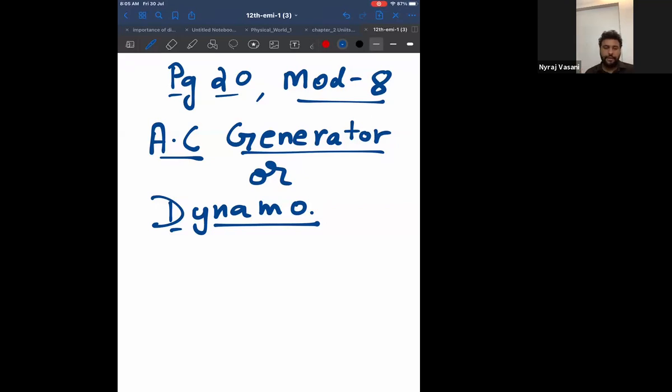Now, the first point you need to remember in this session: an electrical machine used to convert mechanical energy into electrical energy is known as AC generator. So dynamo converts mechanical energy into electrical energy.